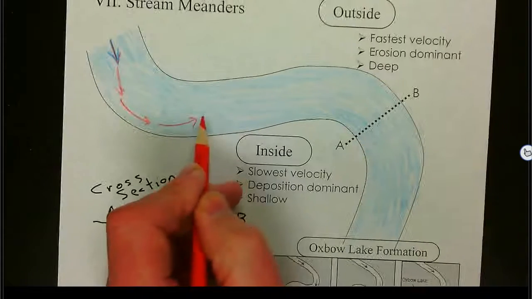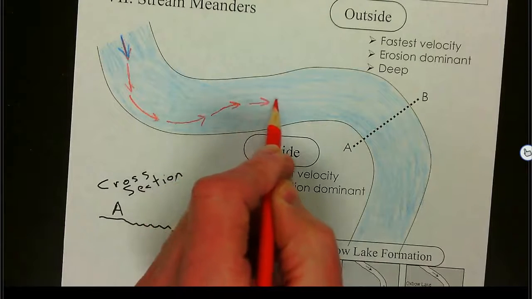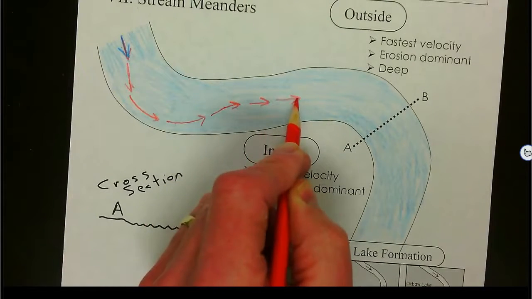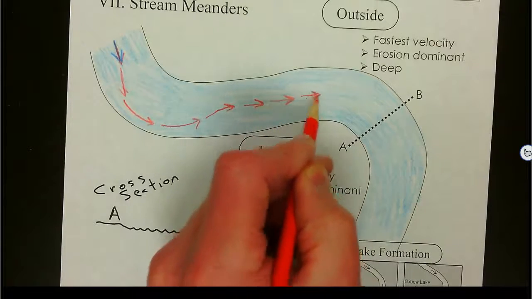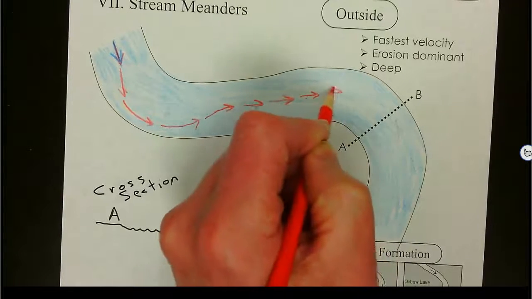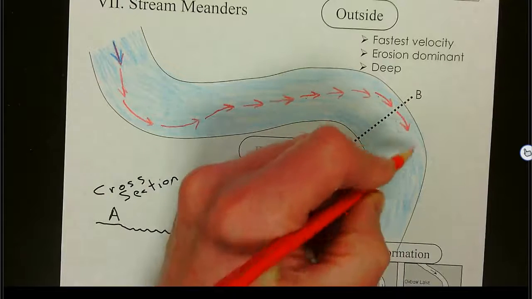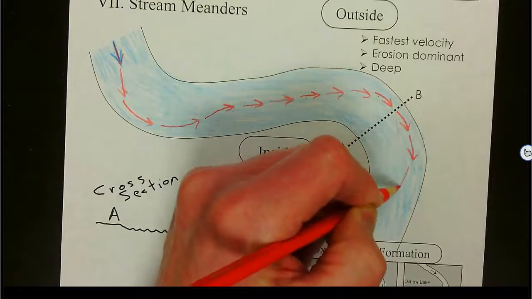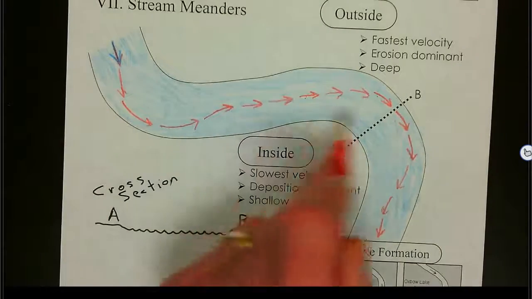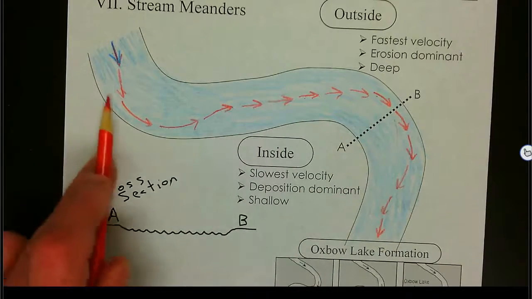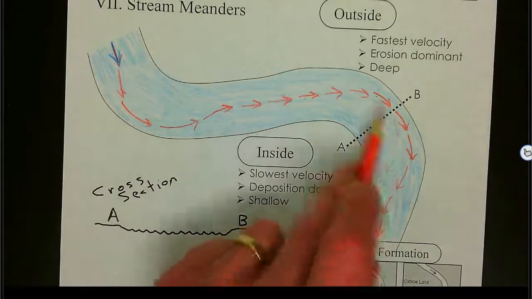Here the river is going straight, so now my fastest water is in the middle. So we haven't changed that. If the river is moving straight, fastest water is in the middle. But as soon as we come to another curve or another meander, that fastest water is going to be on the outside edge. And then once it goes straight again, down in the middle. So notice that the fastest water is always on the outside edge of the curve or the meander.